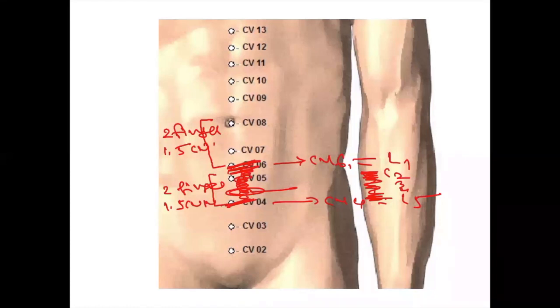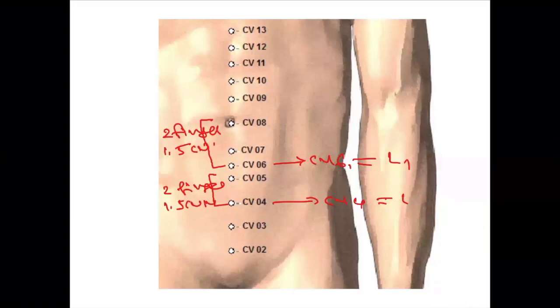Actually, abdominal acupuncture was discovered by Dr. Bo. As per Dr. Bo, when he was telling about abdominal acupuncture, he told that one patient came with a complaint of sciatica. He tried everything, traditional acupuncture and other things, but did not succeed.